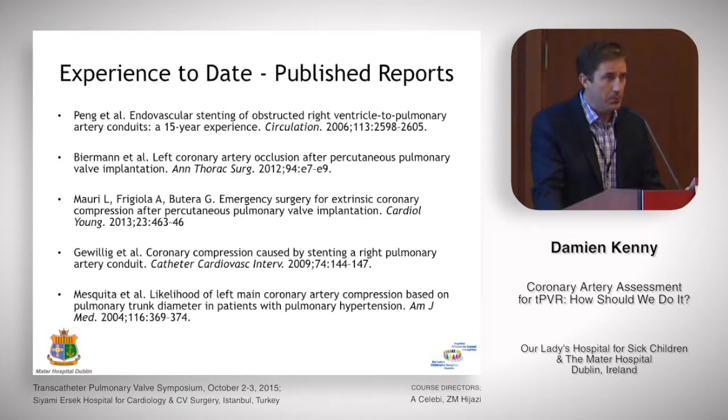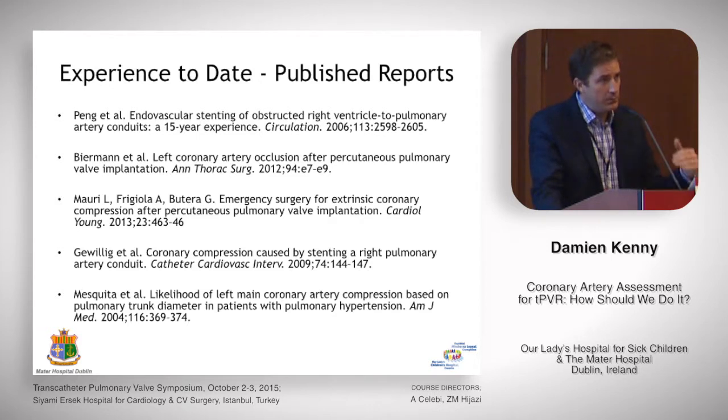Since that time, as pulmonary valve implantation has evolved, we can see there are a number of other publications and reports of compression of the coronary artery. In fact, from some of the groups in this room, from Mario's group in Italy and Milan, and also from Mark's group, suggesting that coronary compression can be an issue not only with RVOT stenting, but potentially with branch pulmonary artery stenting as well.